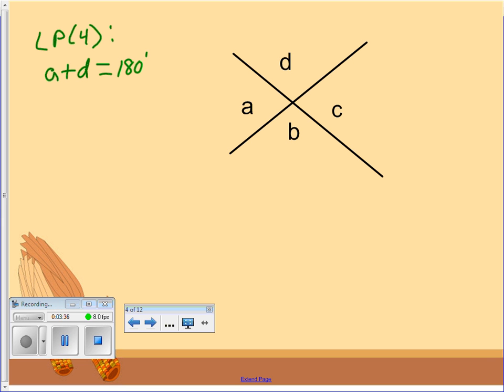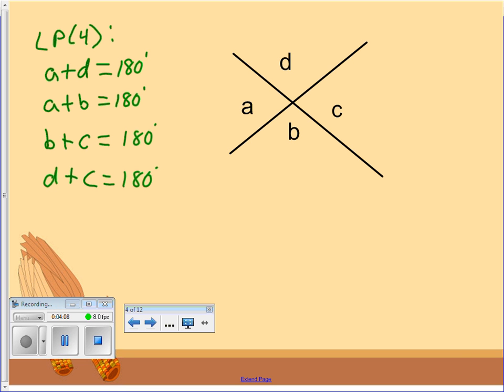A and D are a linear pair, so they are supplementary. Their sum is going to be 180 degrees. The same thing with A plus B. They're supplementary. They have to add up to equal 180 degrees. B plus C is a linear pair. They are supplementary. And D plus C equals 180 degrees. Now, that is my 4 that deal with linear pair.